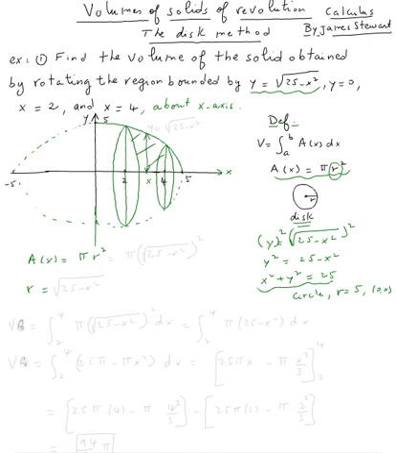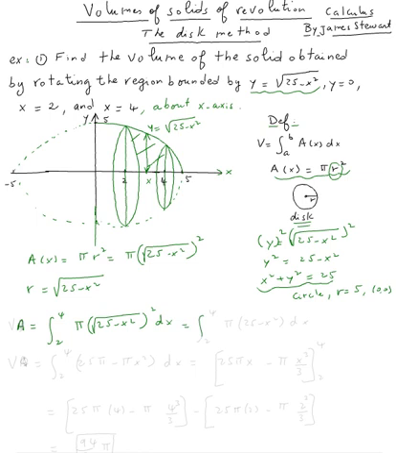So it's actually just y, which is equal to the square root of 25 minus x squared. Since the radius is that, A(x) is equal to pi times my radius squared. And now this becomes so easy, because the volume is going from a to b, in this case from 2 to 4, of pi times the radius squared, the square root of 25 minus x squared, squared, dx.